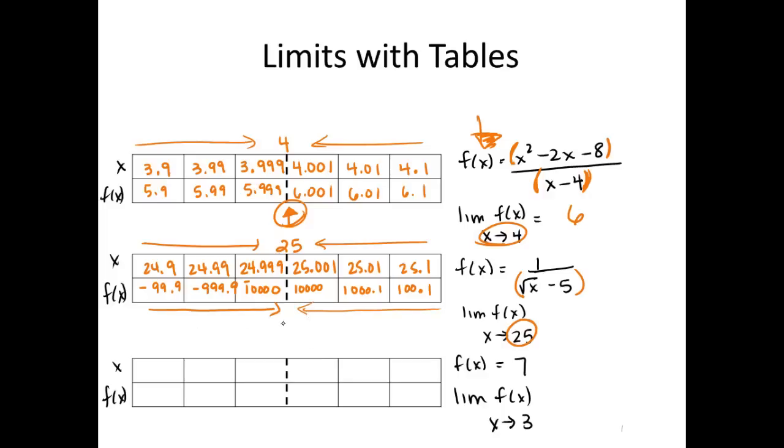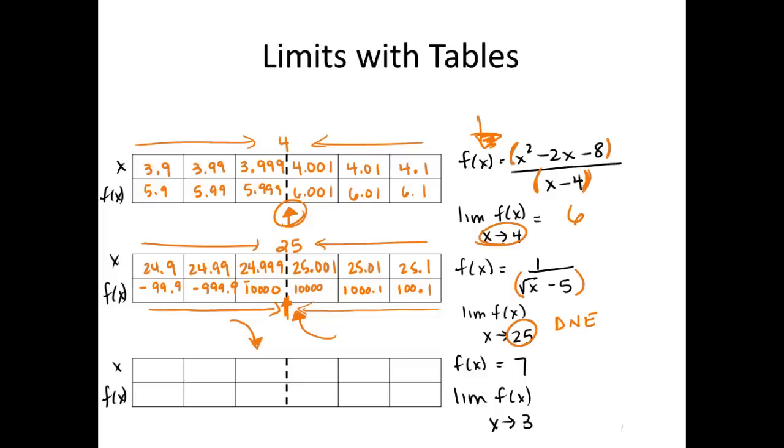So if I were to think about the picture, my x value is doing this over here, and they're doing this on that side. So I don't know that they're actually approaching the same place, if they're getting closer to the same value. So I'm actually going to say that this limit does not exist, because they are not going to meet here in the middle.